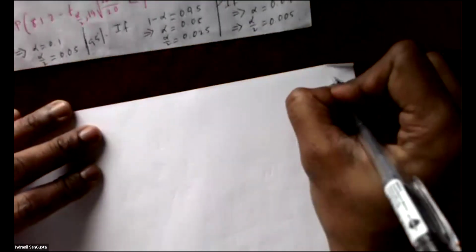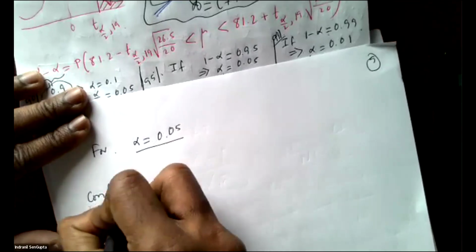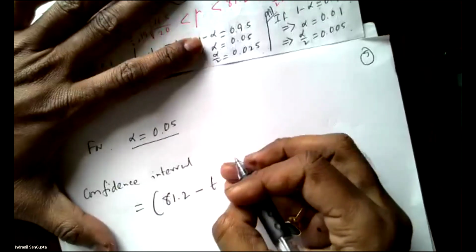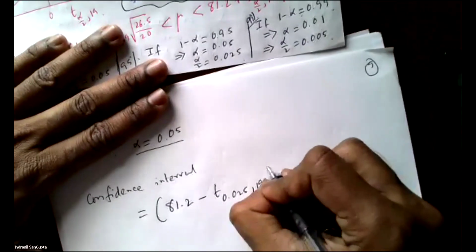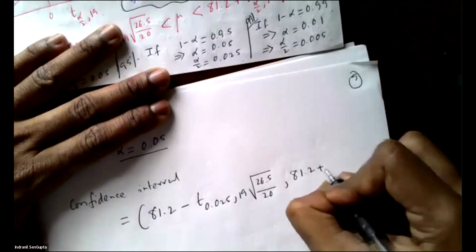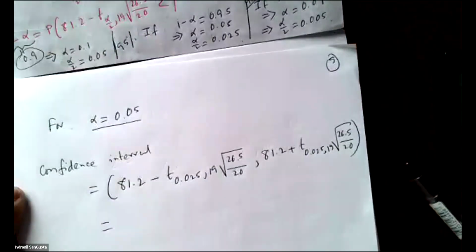So for alpha equals 0.05, that is my second case, the confidence interval equals 81.2 minus t of 0.025, remember that we write here alpha over 2, so if it's 0.05, it should be 0.025, comma 19, 26.5 over 20, through 81.2 plus t of 0.025, 19, 26.5 over 20. Let's compute this number, t of 0.025.